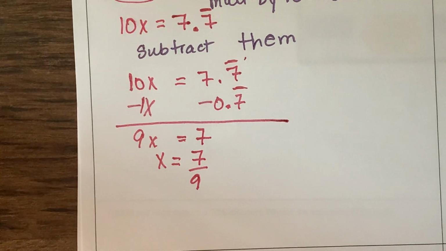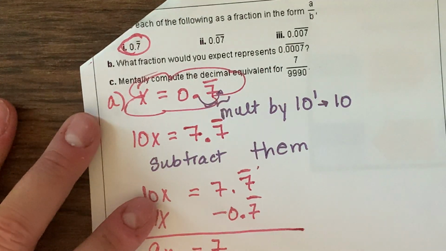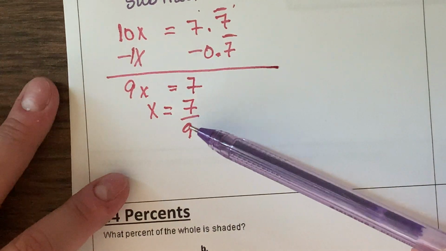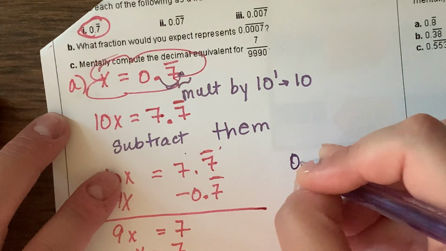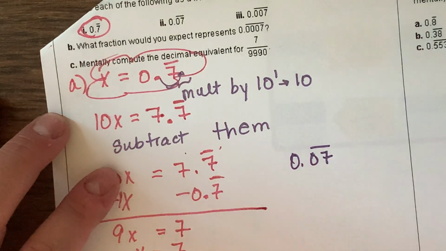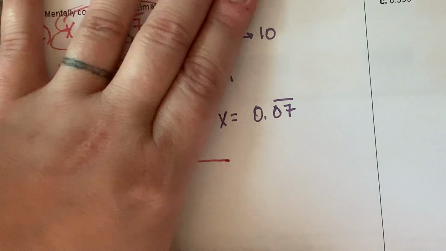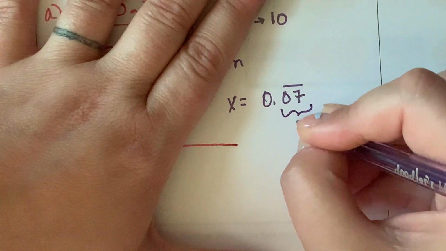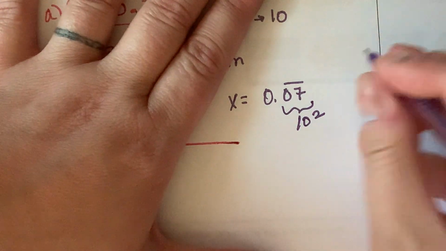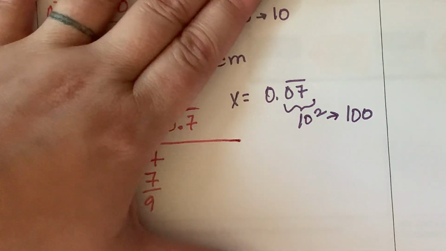Okay, and then if I do it again for 0.07, it's the same-ish thing, only we're going to have probably a 90 in the denominator. Let's check it. Let's take 0.07, where the 07 repeats, and name it X. Then there are 2 digits underneath that repeating, so I'm going to multiply by 10 squared, or 100.